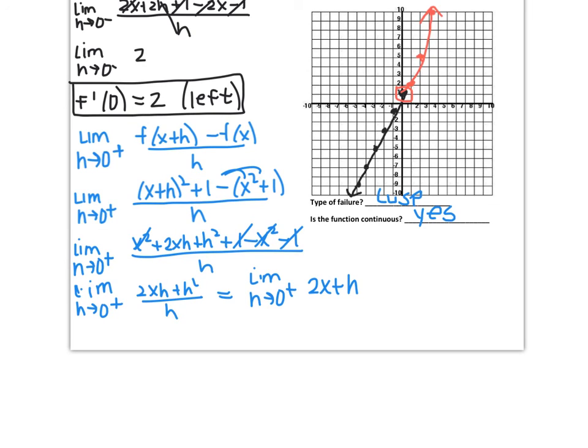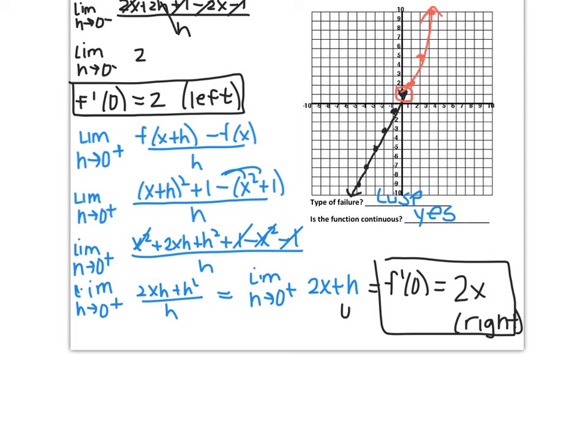And now we're going to substitute 0 in for h. So if we do that, it's just 2x. So our derivative, f prime of 0, is going to be 2x from the right. You can tell, this was when we plugged in 0 for h, and we just get 2x. That's the work, and that's where it came from.